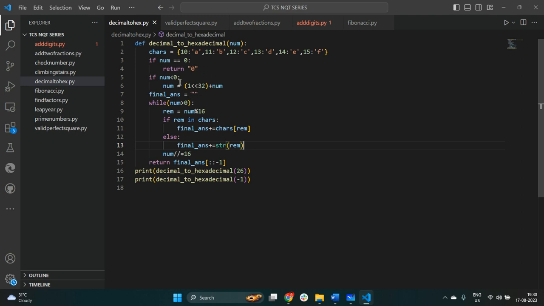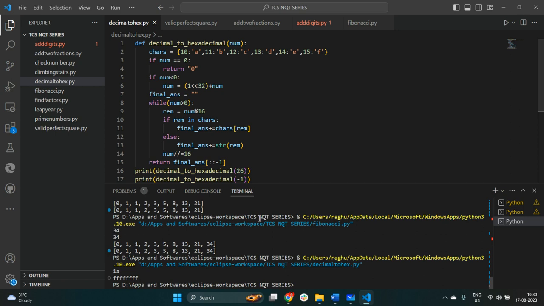And if num is less than 0, as I said, I'm going to add the number to the 2 power 64 value, which is equivalent to left shifting 1 by 32 bits. For the final answer, the same thing as I did. If it is present inside the keys, I'm going to give the character. If not, then I'll append the digit, and finally I'm going to reverse the answer. That's fine. Let's give the same example we have discussed so far.